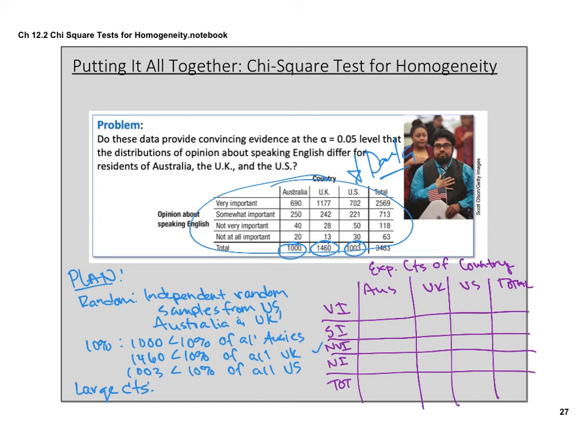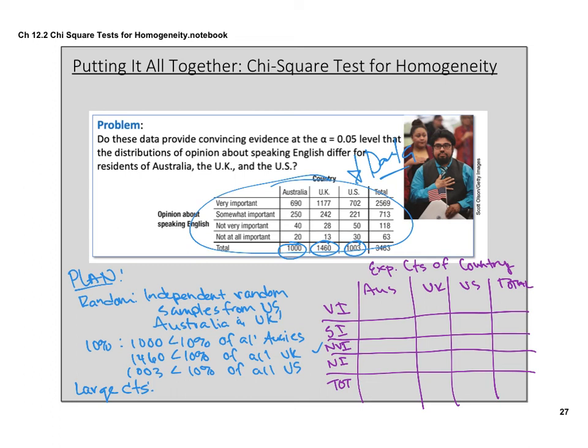So 4 by 3, and then type in your actual data values. So 690, 1177, 702, 250, 242, 221, 40, 28, 50, 20, 13, and 30. Okay. So there's my matrix for that two-way table.